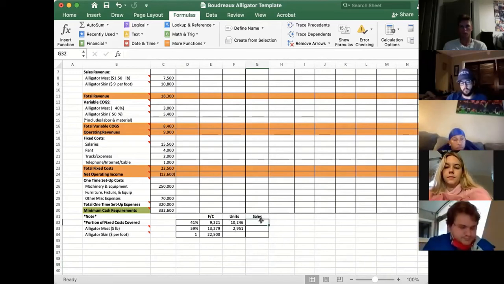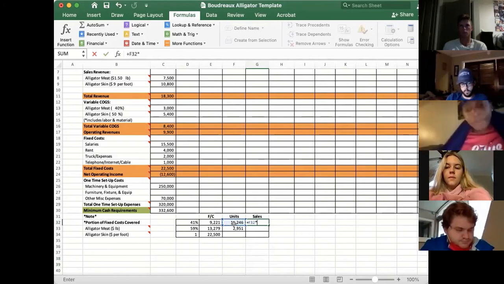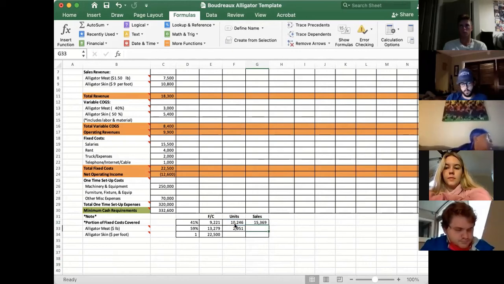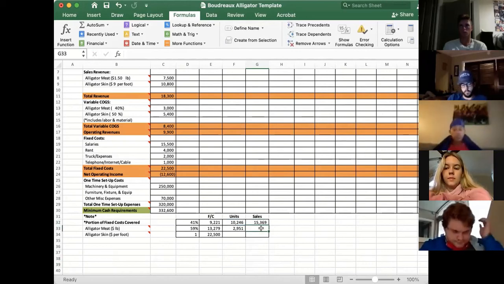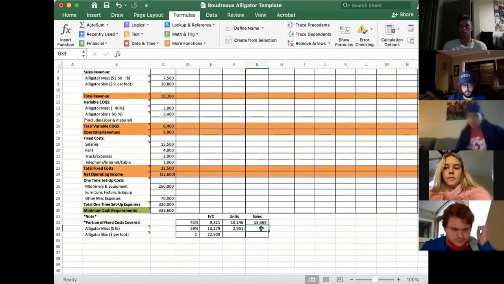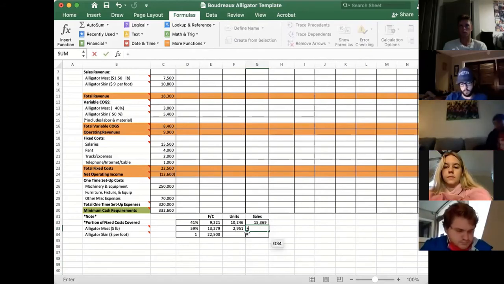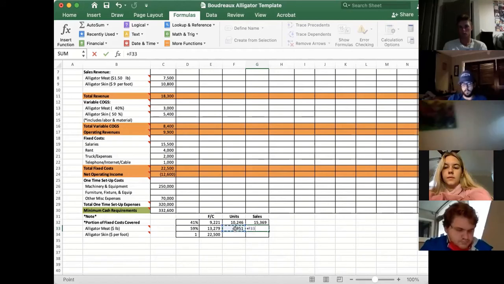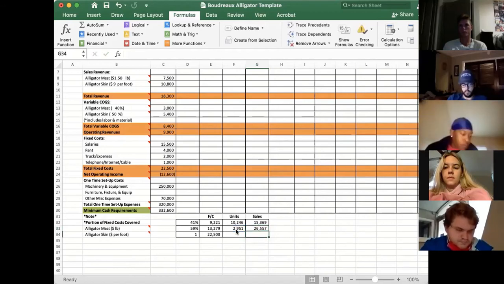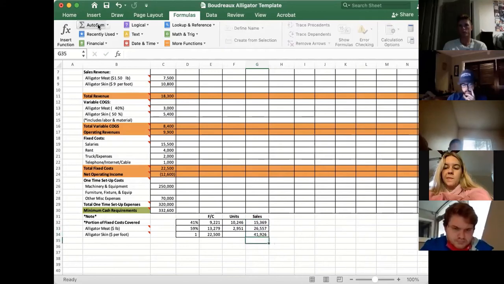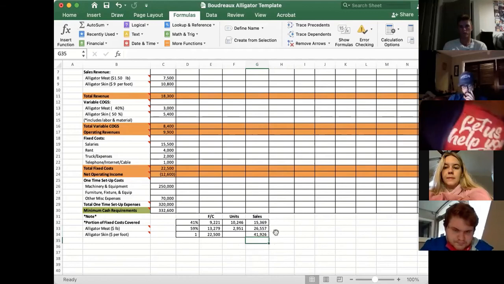If we wanted to look at it from a revenue standpoint, we'd take the units times 150, and that would say when we have revenues of 15,000 in meat, or times 9, when we have revenues of around 41,000, we're at break even.